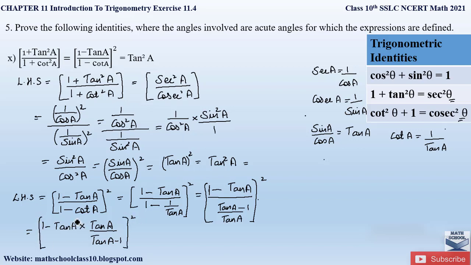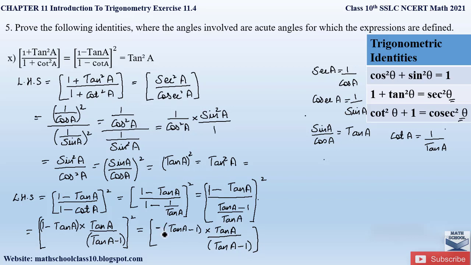Here you can observe that in the numerator we have 1 minus tan A and in the denominator we have tan A minus 1. To cancel these terms we have to take this minus sign common outside. When we take this minus outside, tan A becomes positive and 1 becomes negative, into tan A divided by tan A minus 1.